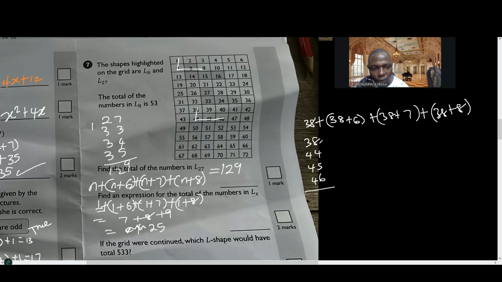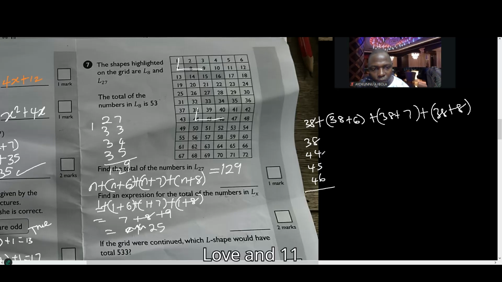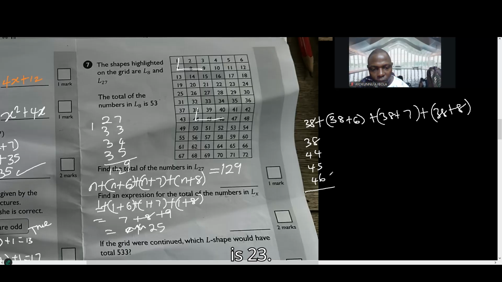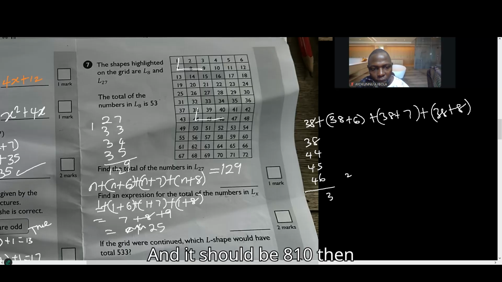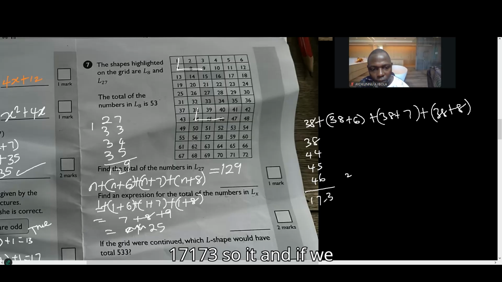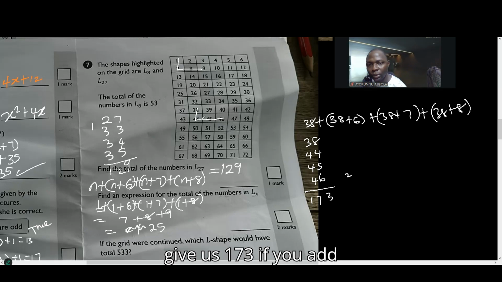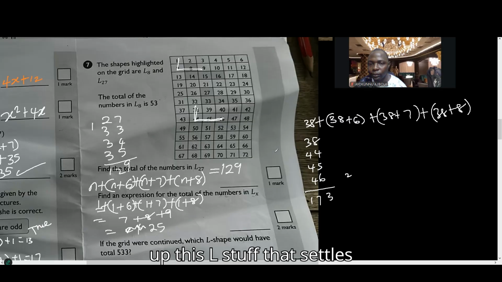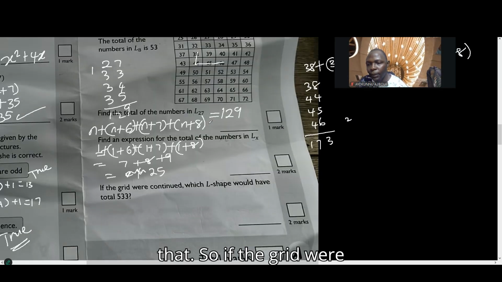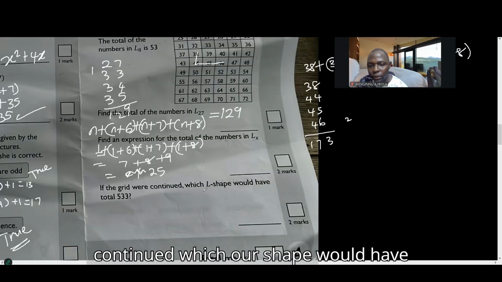So this would be 12 and 11, that's 23. Then 17, 173. If we add up all this L stuff, it's going to give us 173. That settles that. So if the grid were continued, which L shape would have 553?